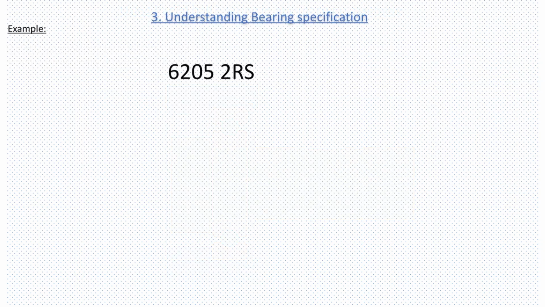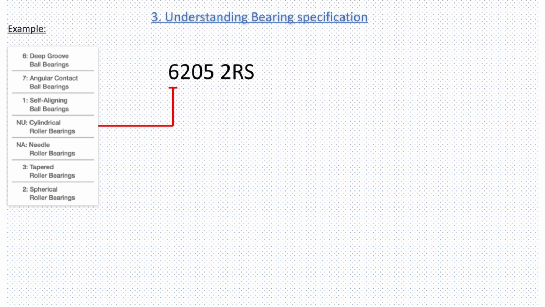Okay, now let us understand the bearing specifications. In our example we have taken a 6205 2RS bearing. We will understand what 2RS is and also the bearing number. The first digit, 6, denotes the type of bearing.